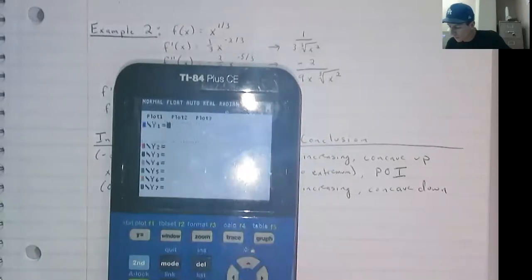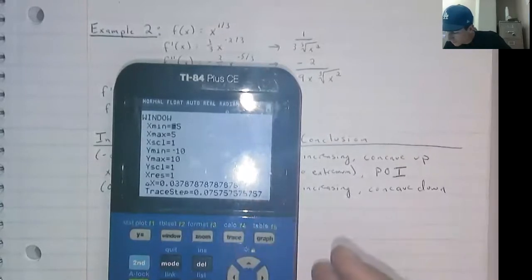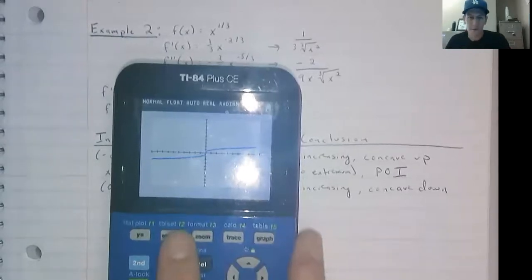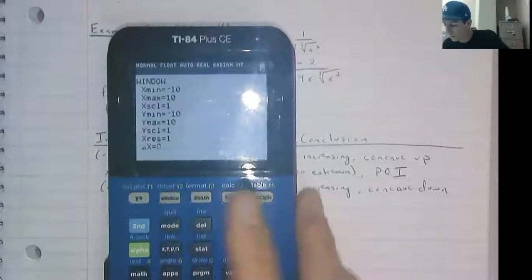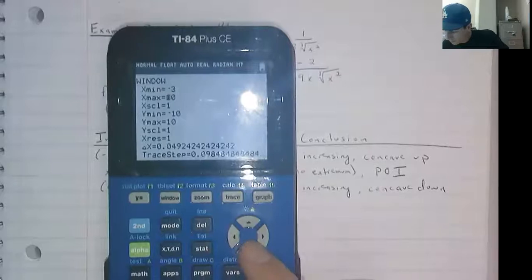Let's see what that means for our graph. Y equals x raised to the 1/3. So window standard. No, zoom 6. No, let's get closer than that. That's not that fun. Window. Let's do like -3, +3, -3, +3.